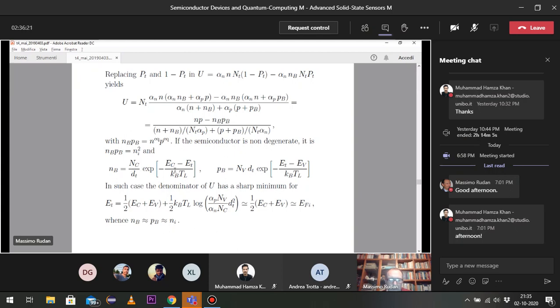NB depends exponentially on the trap energy with the plus sign. So NB increases very much when the difference ET minus EC becomes more and more positive, okay?